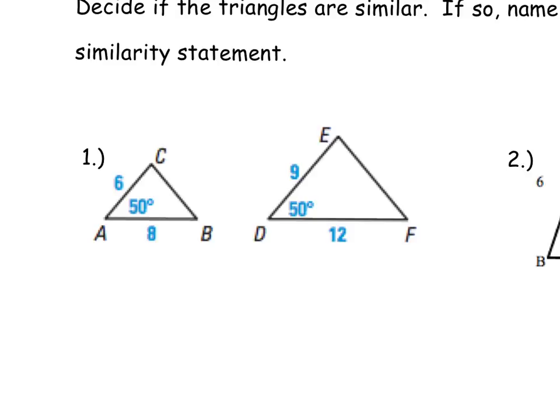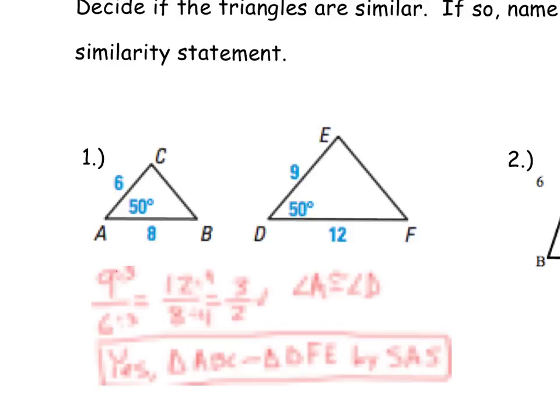Okay, what do you guys think about number 1? Can you say they are similar or not? Give me a thumb. Yes or no? You guys all say yes. What reason did you give? Side, angle, side. Okay, so that would mean the two sides that are labeled would have to be proportional. So let's make sure they are. So I'll do new over old. So 9 over 6 should equal 12 over 8.